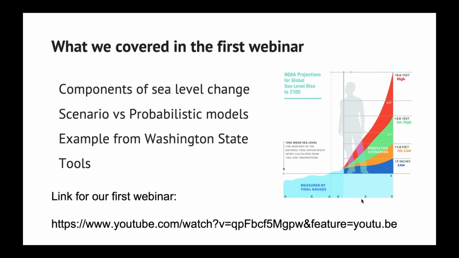So today we're going to talk about the different approaches for selecting and then using these projections we talked about. And remember, if you have questions, put them in the chat box, and we will be monitoring as we go along. Now I'm going to turn it over to Matt.